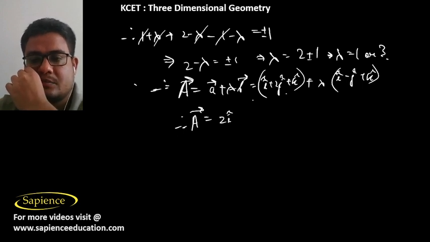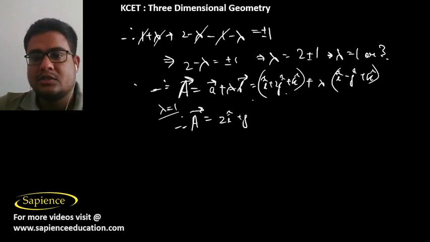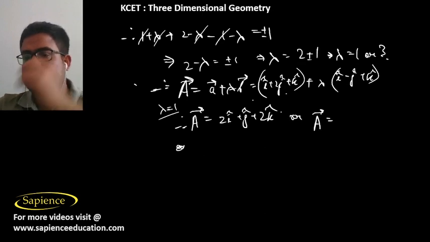Suppose if we take lambda equal to 1 at first, then we will get 2 i cap plus j cap plus 2 k cap.